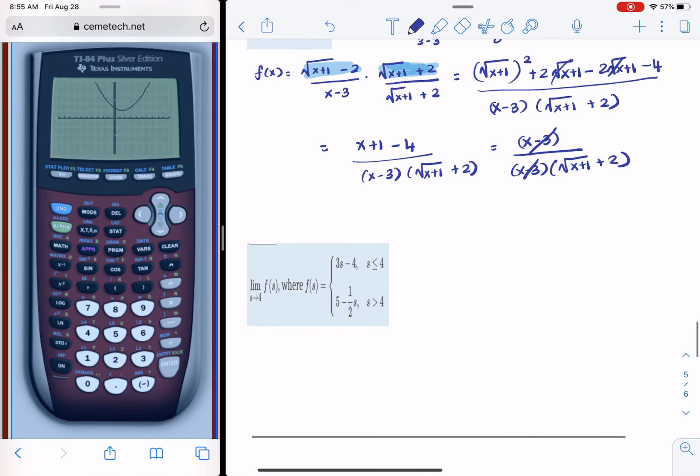So the answer would be 1 over square root of x plus 1 plus 2.